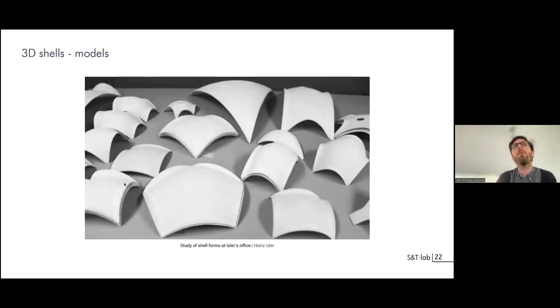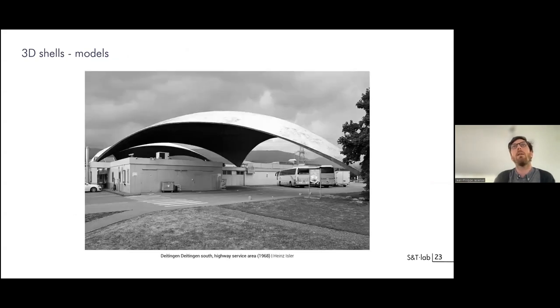So now if we have a look at the question of 3 dimensions, like complex 3D shapes, we can have a bit of a look at the historical examples so that we can see what was done before. Obviously, models were important. For example, these examples from Heinz Isler and the shells that were built that were amazing structures, very slender, very nice.